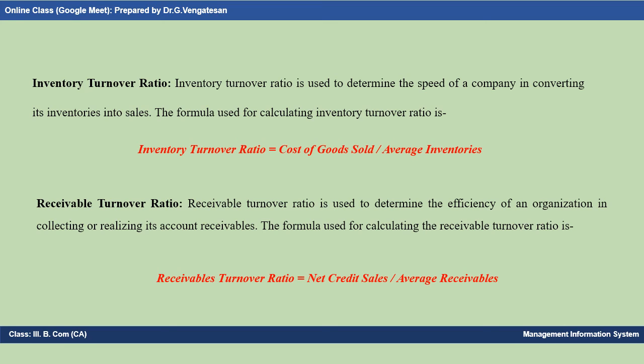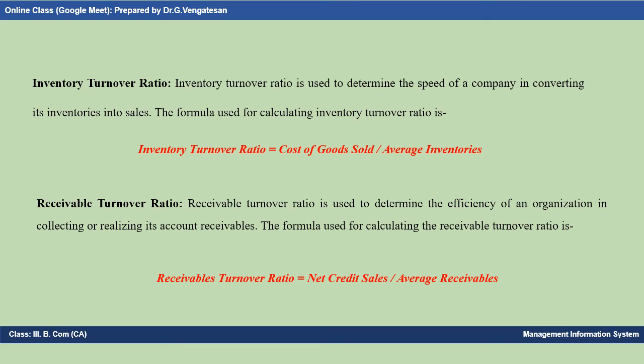And the next ratio is receivable turnover ratio. Receivable turnover ratio is also known as debtors turnover ratio or debtors velocity ratio. This receivable turnover ratio is used to determine the efficiency of an organization in collecting or realizing its accounts receivable.